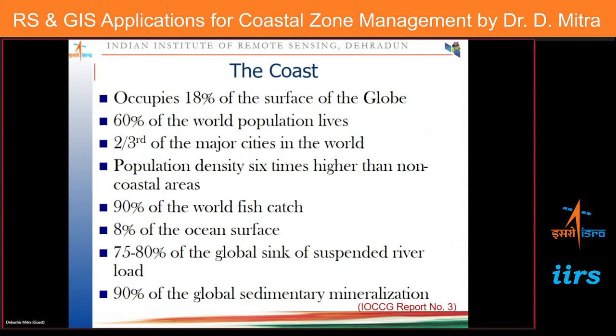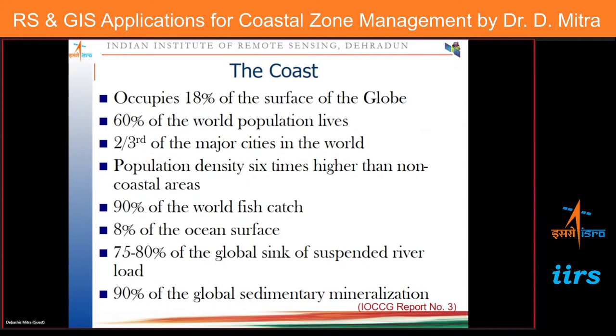In India, except Delhi, all the other 3 metros, particularly Chennai, Mumbai, Kolkata, and also a few big cities like Vizag, are all lying in the coastal zone only. As the total number of population is high and the area is less, the density of population will be very high, which is 6 times higher than the non-coastal areas. This is a very important bullet.